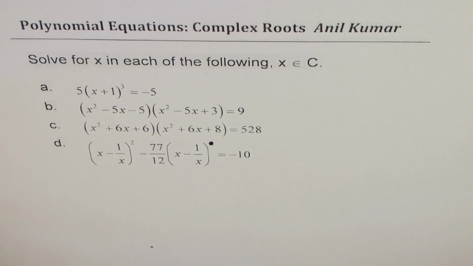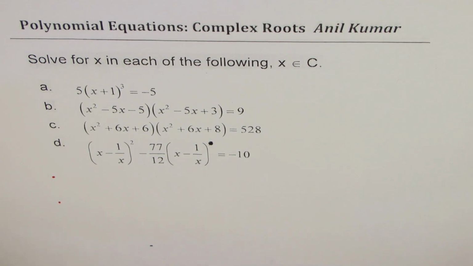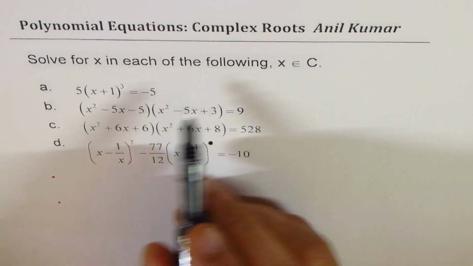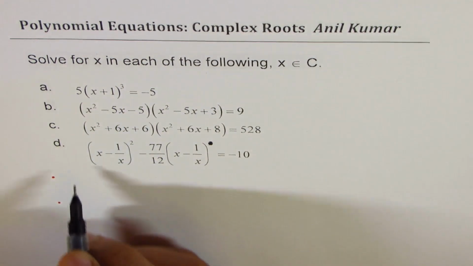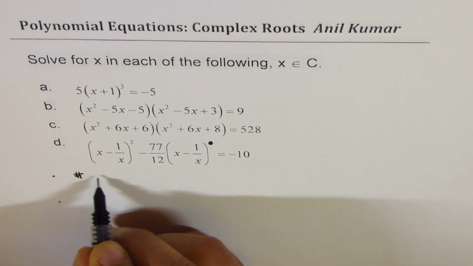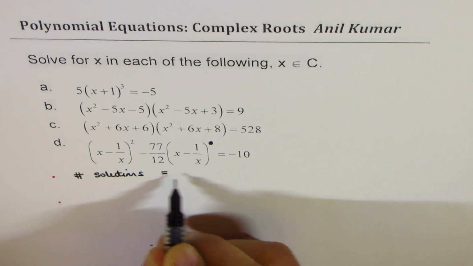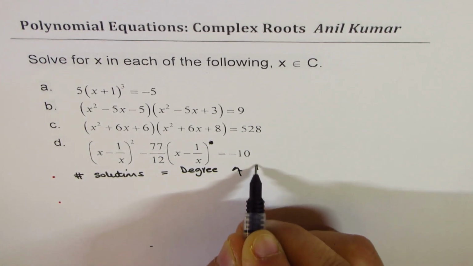You can always pause the video, copy the questions and answer them. Well, remember a few things while you answer. Let me write two important things here. The number of solutions we expect is the same as the degree of the polynomial, so number of solutions equals degree of polynomial.